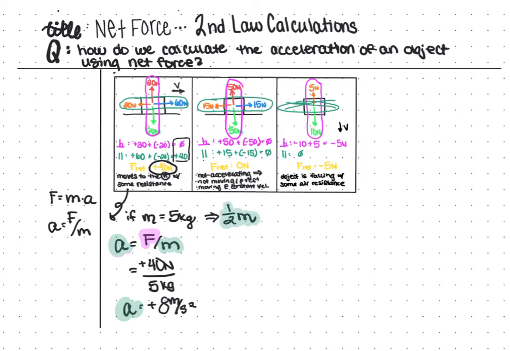So we could assume that if you have half the mass, you should get 2 times the acceleration. If we had 8, then the new acceleration should be 16 meters per second squared. We could double check our math: instead of 40 divided by 5, we would have 40 divided by 2.5, which also gets us to 16.